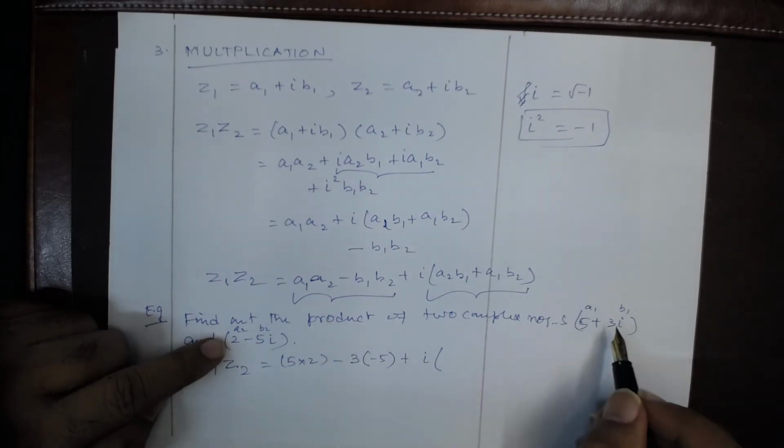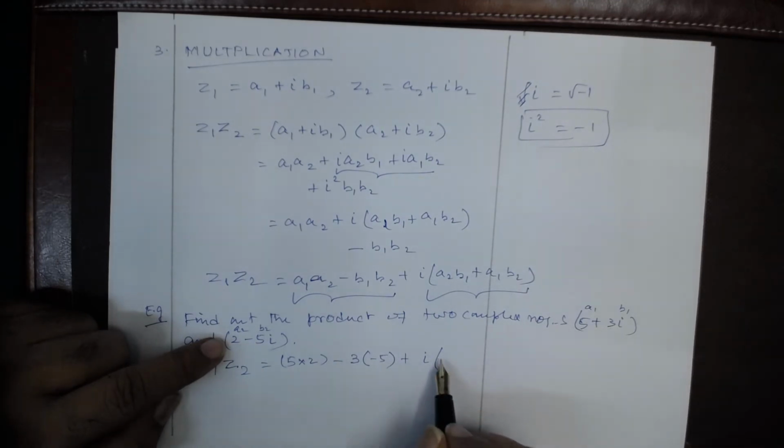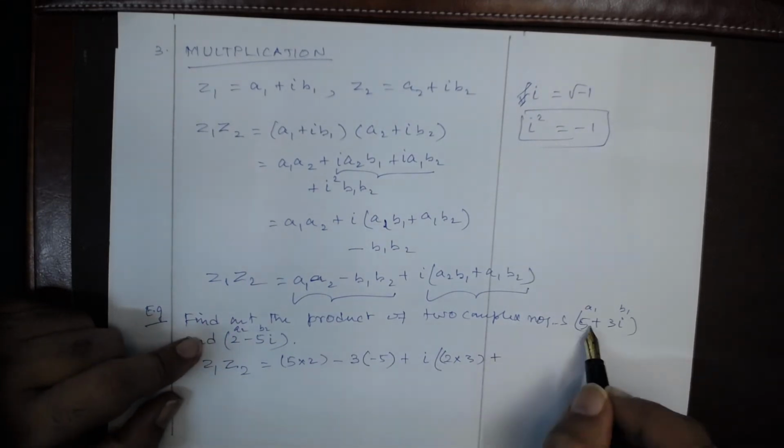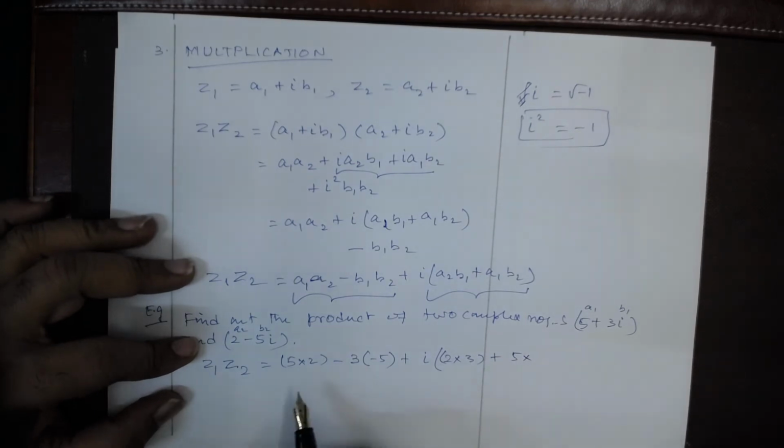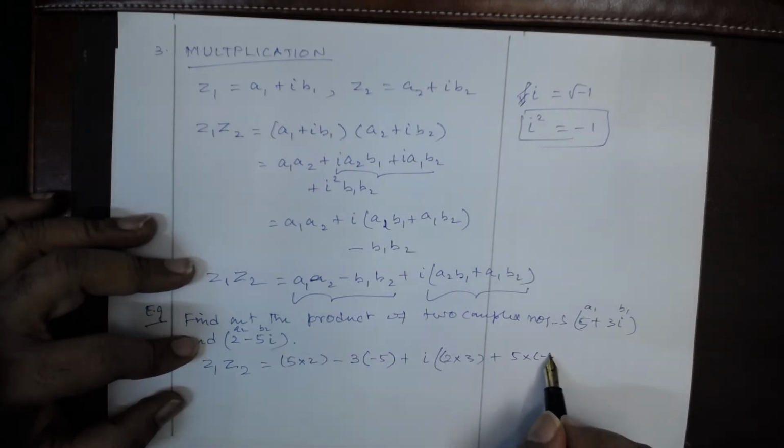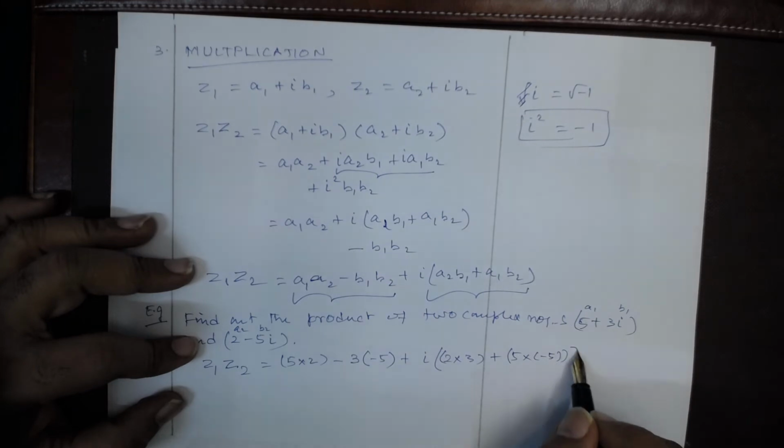What is B1? 3. So 2 into 3, and then plus A1, A1 is 5 into B2 minus 5. You have to be very careful about the sign.